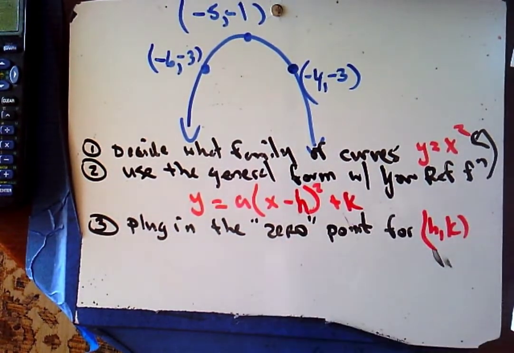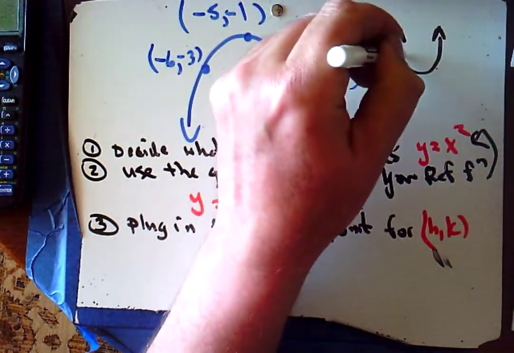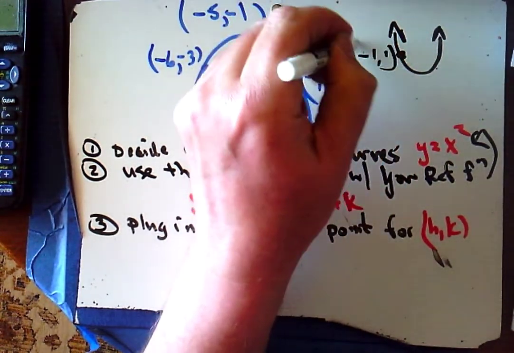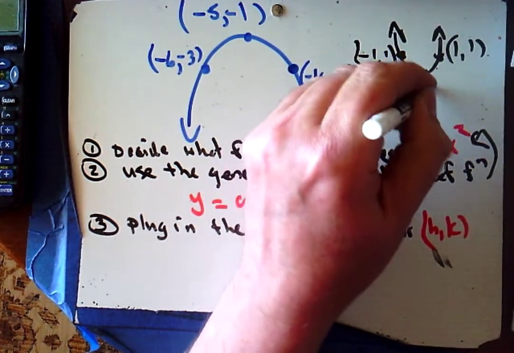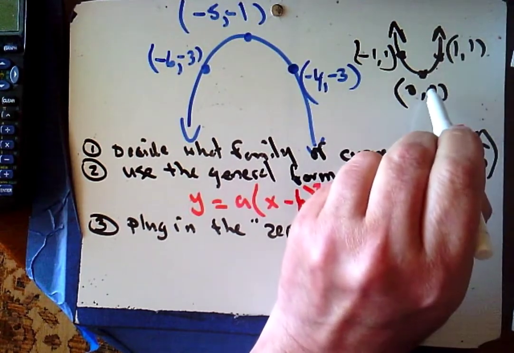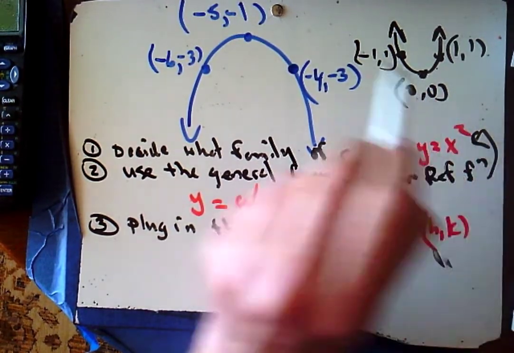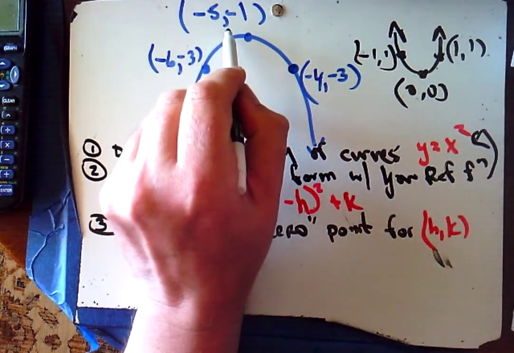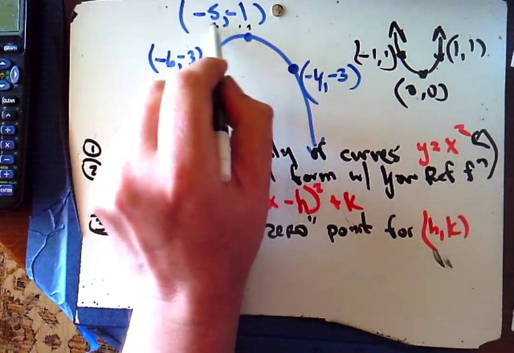And what I mean by 0 point is when I think about this parabola, this general y equals x squared, it's got these reference points on it, and one of them is 0, 0. That's my 0 point. I see some transformations have happened to this reference graph. It now looks like this, upside down, and there's the 0 point.